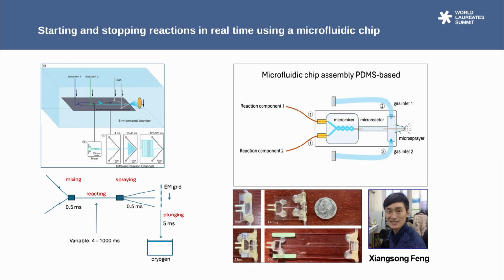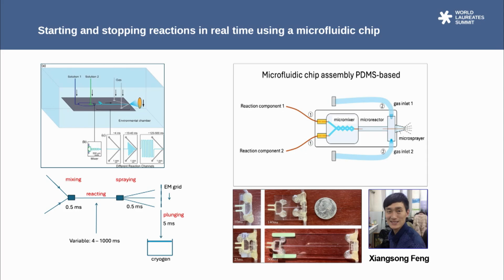But this is, as I said, cheating because it was done by using GTP analogs and antibiotics. And so right now I'm talking about starting and stopping reactions in real time using a microfluidic chip.